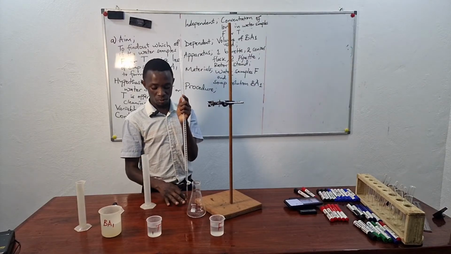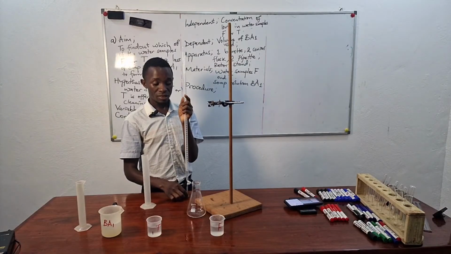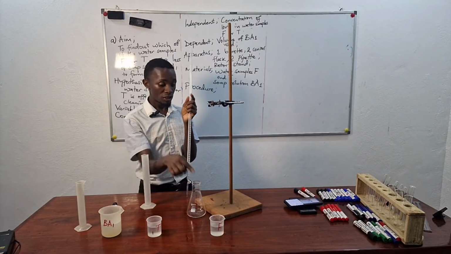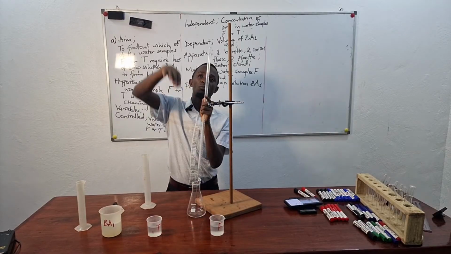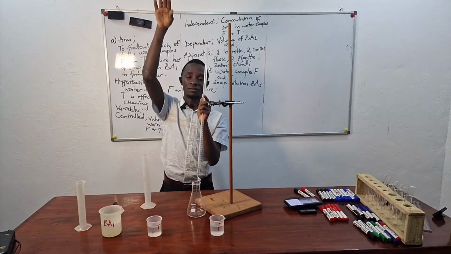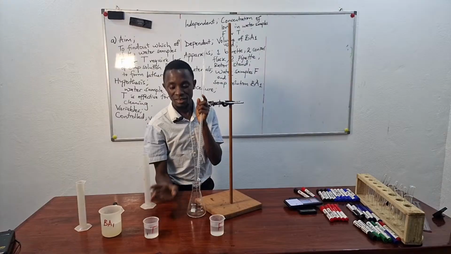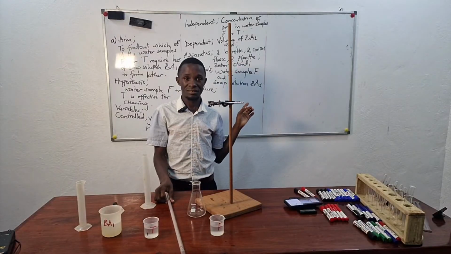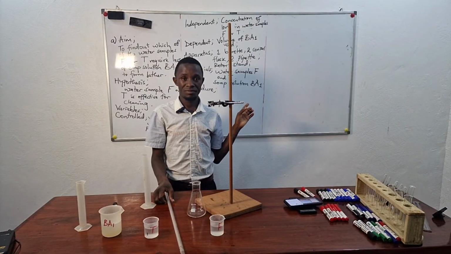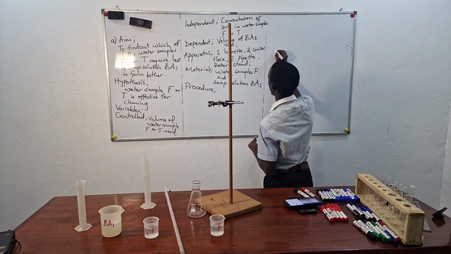We shall then repeat the procedures above until we obtain consistent results using this water sample F. And then we shall repeat all those procedures above up to this last one using water sample T. So that's what we are going to write. Our results will be put in a table.